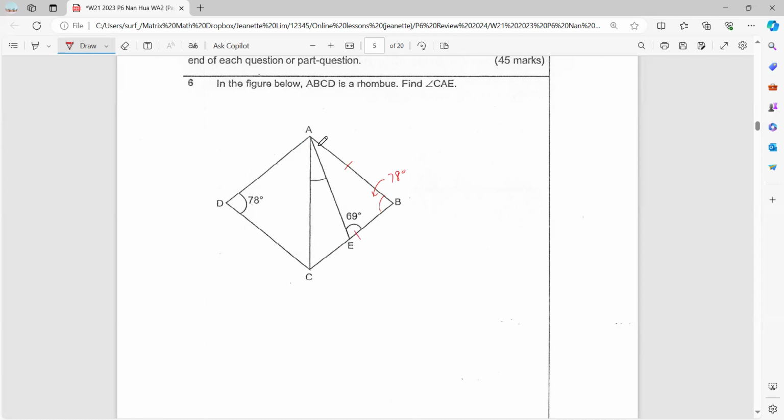So you have isosceles triangle. So I'll take 180 minus 78, divide by 2 to find this angle, ACE. (180 minus 78), then we divide by 2. 51 degrees.